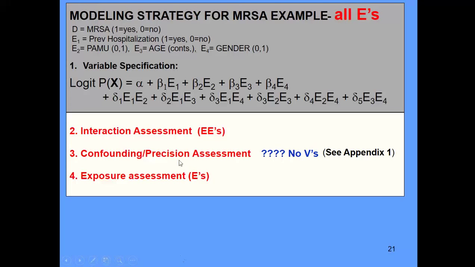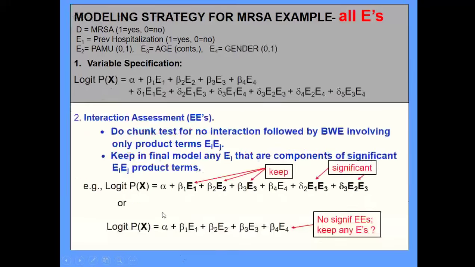And then you do exposure assessment. I haven't really talked about this per se. This next slide basically says, do a chunk test. If you're skipping the confounding step, you do a chunk test for no interaction, followed by backwards elimination involving only product terms, and you keep in the model any E that are components of significant product terms.